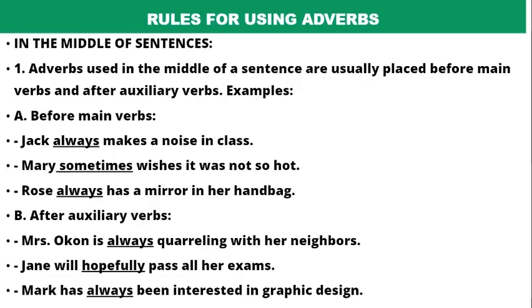Of course, where we have such a compound verb phrase, then we see that the adverb comes in between two auxiliary verbs, has and been, has always been. Okay, so you can see that peculiar usage there. Again, the adverb comes before the main verb.